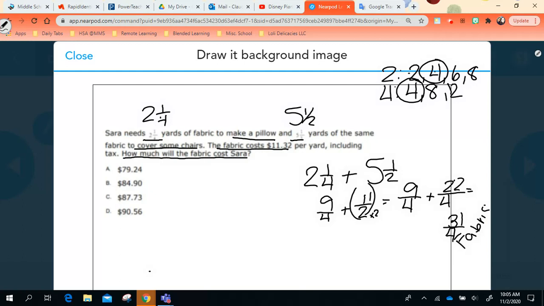Cada yarda cuesta 11.32. So, ¿qué hago? ¿Qué piensas? I'm gonna multiply. Porque es 11.32 por cada yarda. So, hago 31 por 4 multiplicado por 11.32.